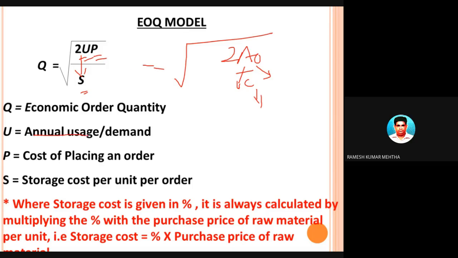U is usage, P is placing an order, and S is storing cost. The formula is the same, but the authors change the alphabets to represent the annual consumption, the cost of placing an order, and the inventory carrying cost or inventory holding cost or inventory storage cost. So what is economic order quantity?